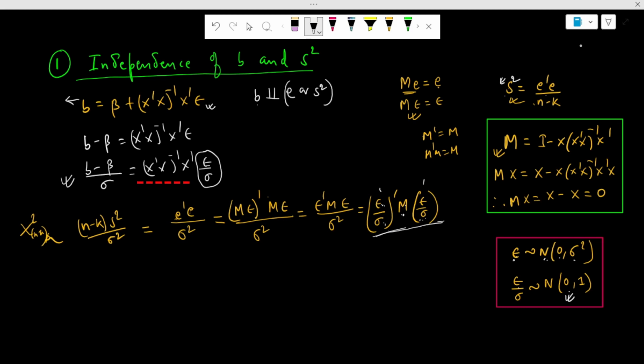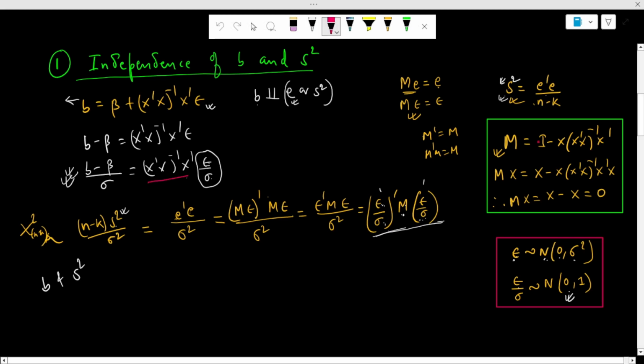And here this is the linear form of the standard normal, and it is related to our OLS beta, and this is related to our s square, which is the sample estimate of the variance of the population residual. So beta and some function of the sample residual, that is s square, are independent if the product of these two terms is equal to 0.